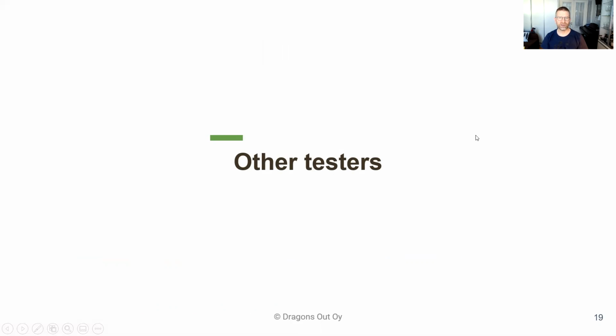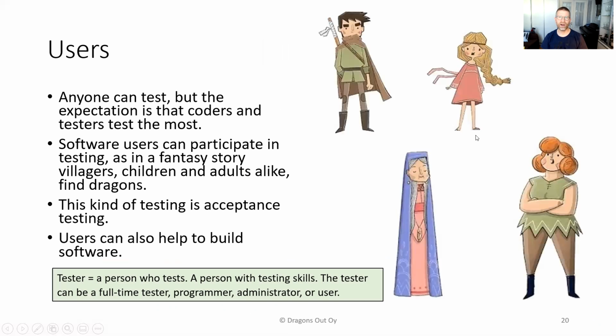There are other testers, not only coders and professional testers. There are users. So anyone can actually test software, even though the coders and testers test the most. The users usually take part in the latest, last stages of a software.